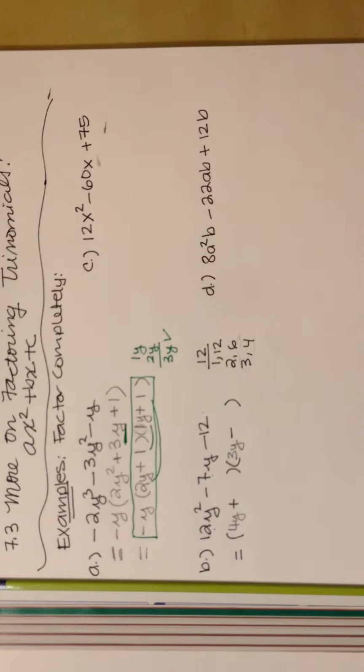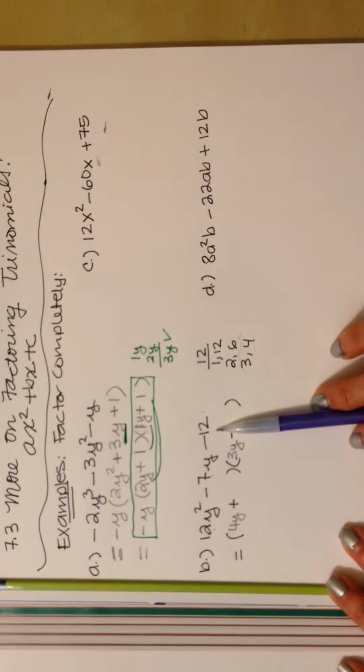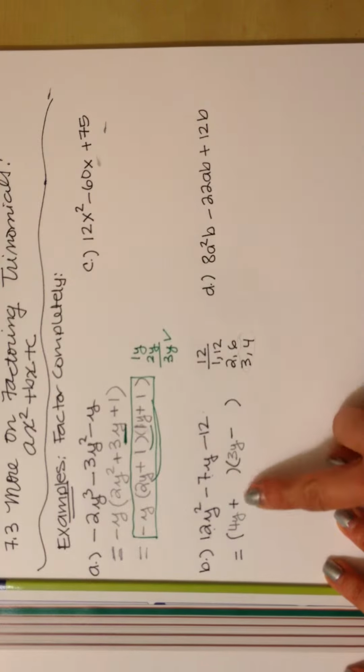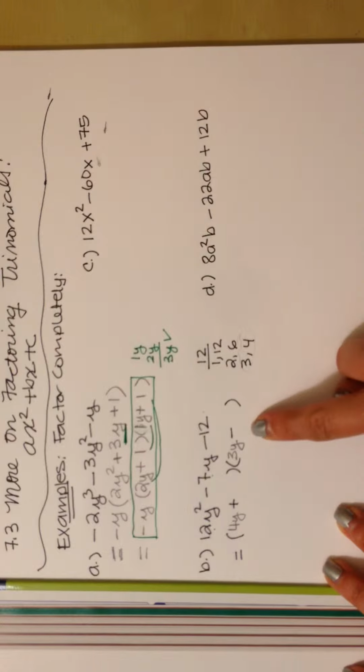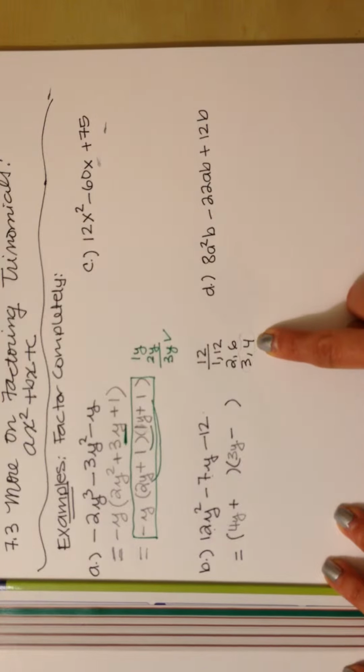Here is a trick. If you have no GCF in the original problem, or if you already factored out your GCF, then you should have no GCF in the first parenthesis and no GCF in the second parenthesis, which will help us figure out where to put the 3 and the 4.